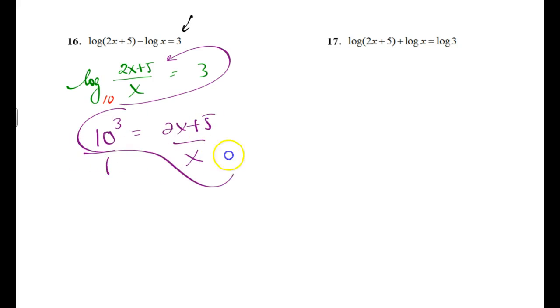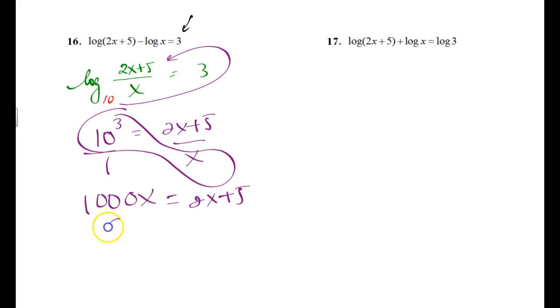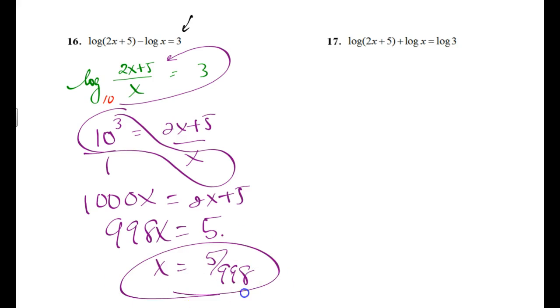And again, I will cross multiply. That's 1,000x is equal to 2x plus 5. So subtracting off 2x and dividing, I get a very different answer.